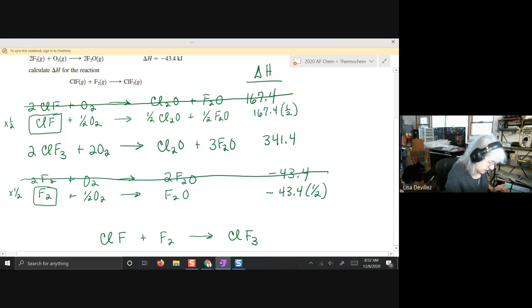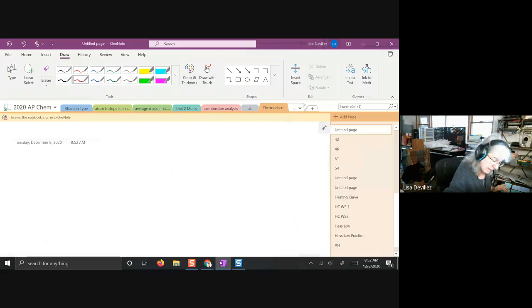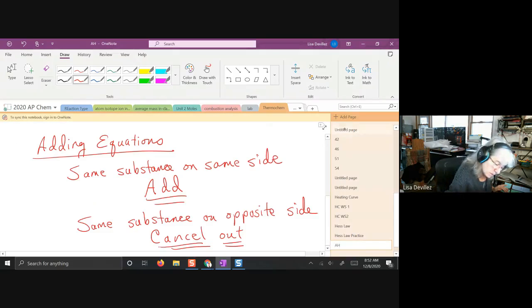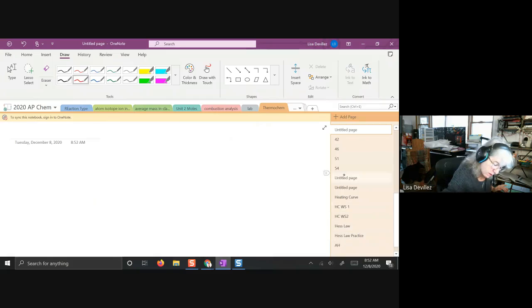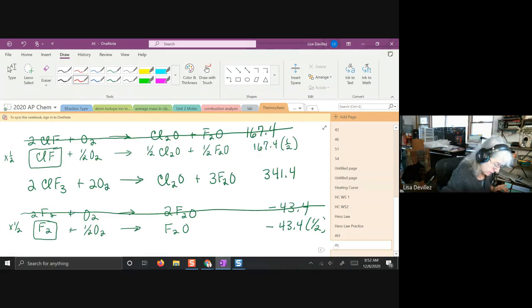And the ClF3, okay, it's here. Let me change colors. This is getting mixed up here. Oops, where did it go? Oh, sorry, there it is.